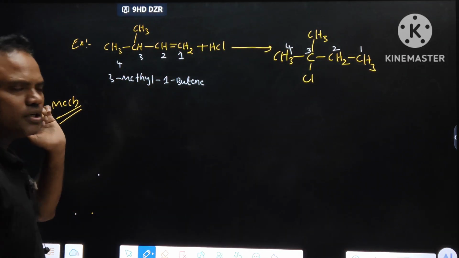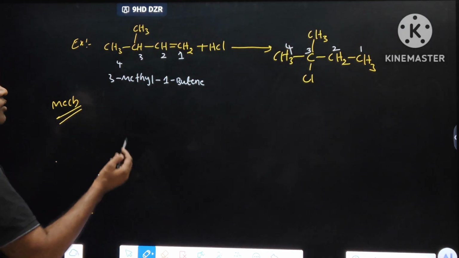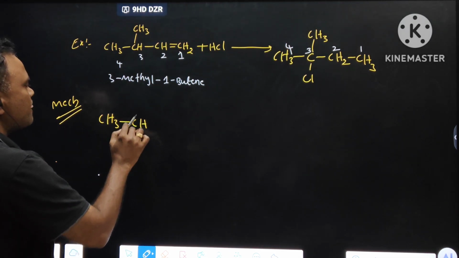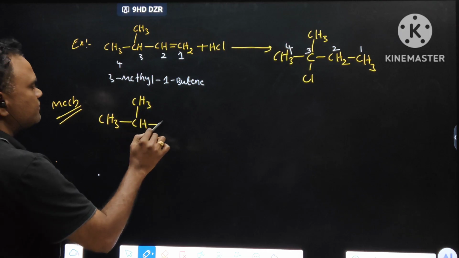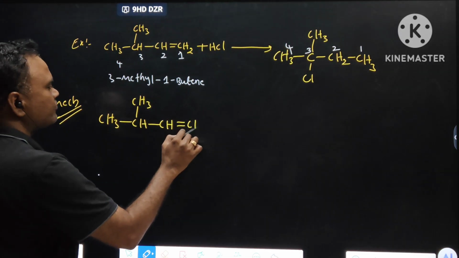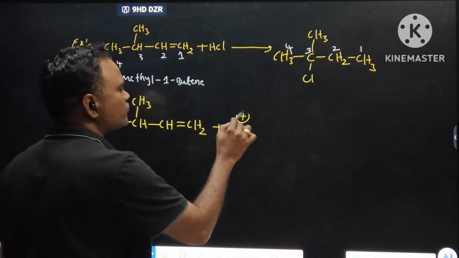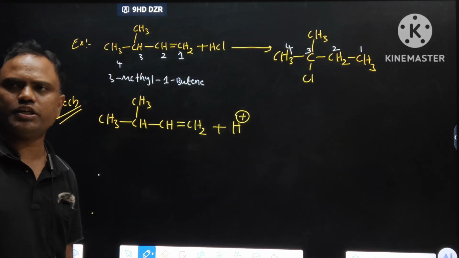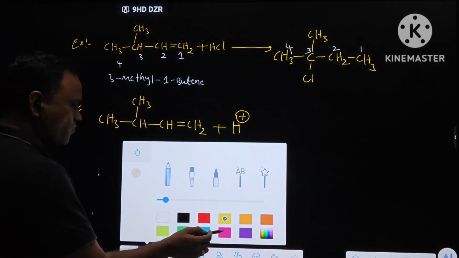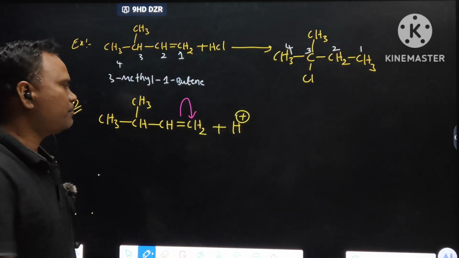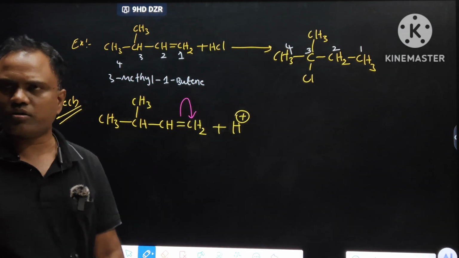Take this reactant or substrate, you can call it reactant or substrate, your wish. Electrophilic addition now. So first the electrophile addition takes place. See the pink color one. The pi bond is shifting towards the terminal carbon.